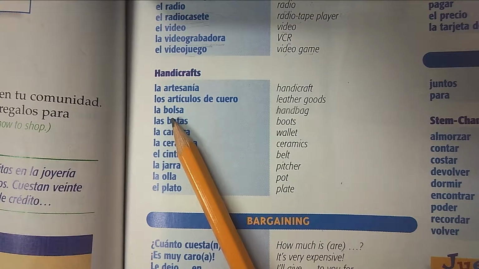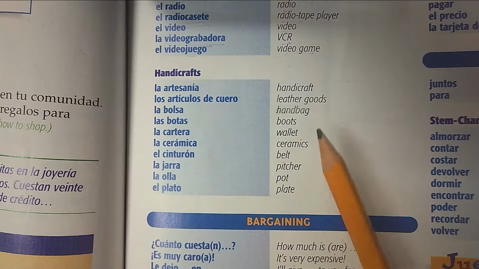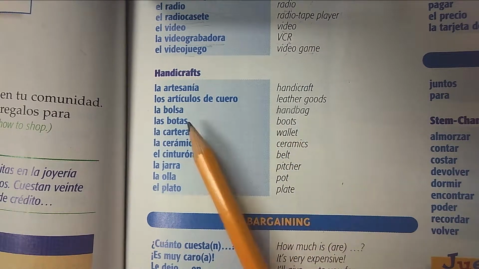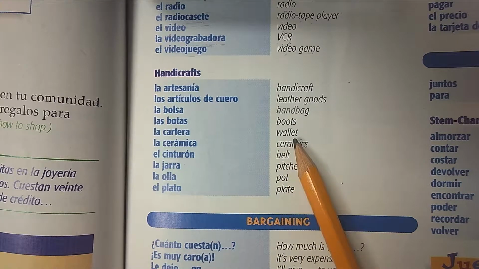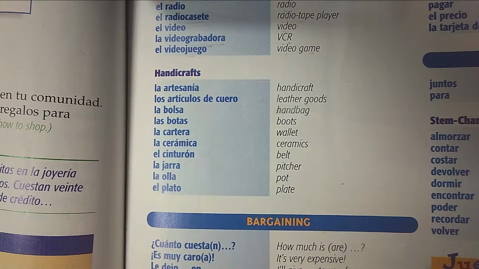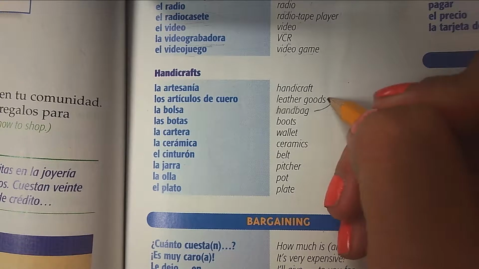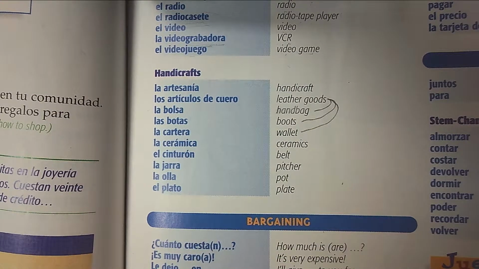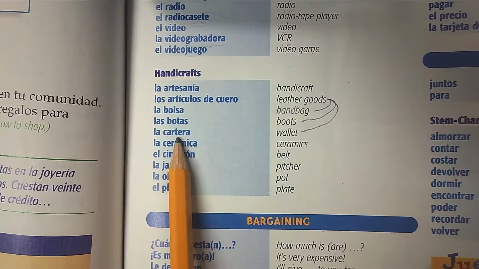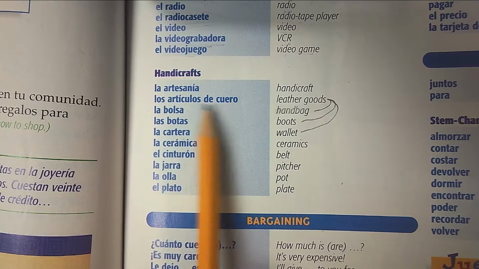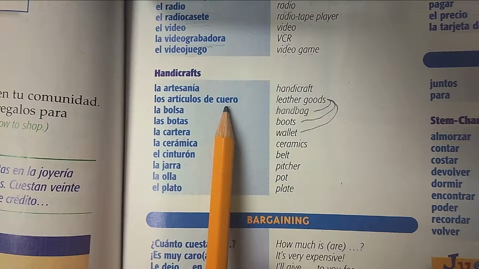So any kind of purse or bag, la bolsa. Boots, las botas. And wallet, la cartera. So all of these may be leather goods. Artículos de cuero. La bolsa, las botas, and la cartera you typically see in a lot of mercados or markets that are made from leather.